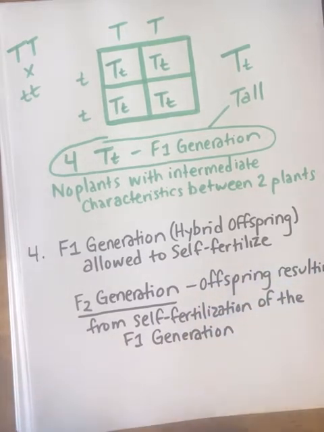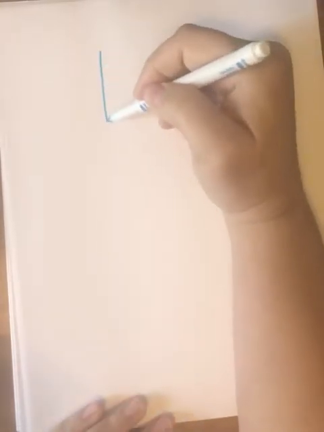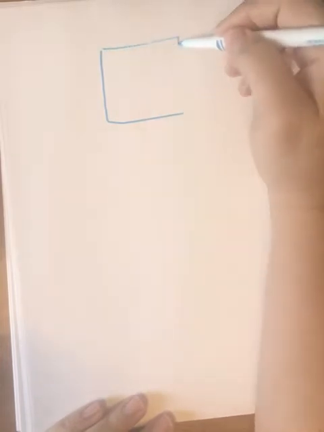So let's see what that looks like. This is a Punnett square to represent self-fertilization.